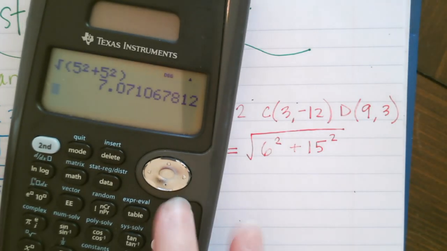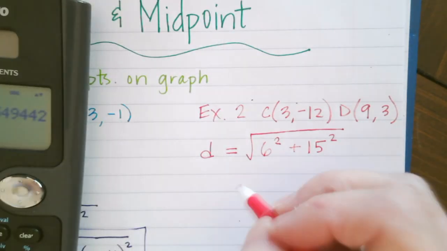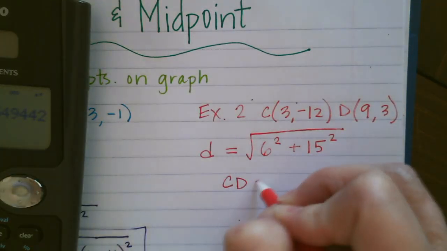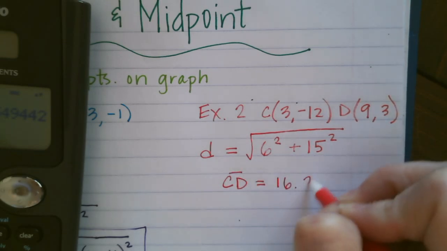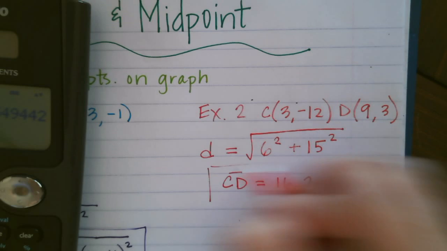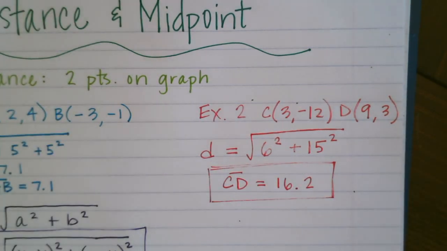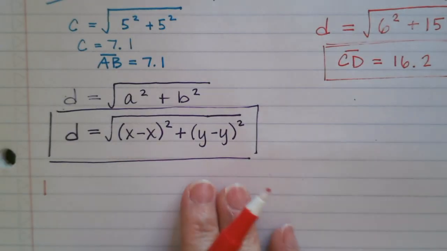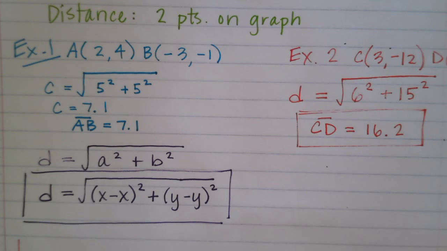I want 6 squared plus 15 squared, and then the square root of that, and I get 16.2. So the distance from C to D is approximately 16.2 units. So the distance formula is just rearranging the Pythagorean theorem. That's how you find the distance.